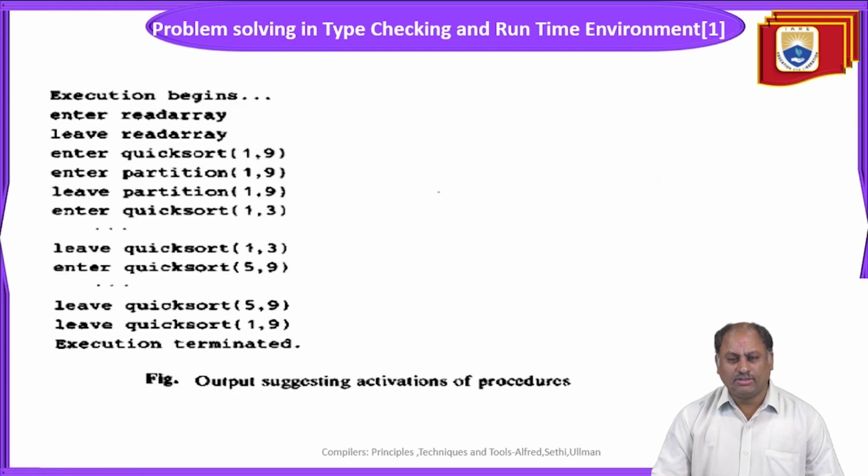Now, whenever we call the quicksort procedure, it is entering and leaving these arrays. That means when quicksort 1, 9 is invoked, it enters, and that particular activation record activates the corresponding procedure when the control comes to this place, and after completion it returns and leaves the corresponding partition.